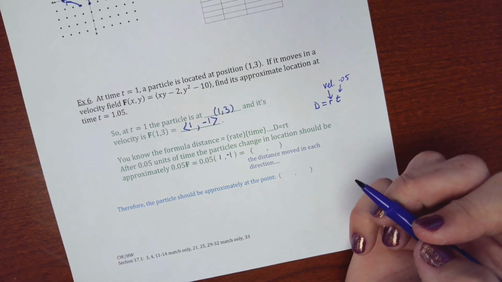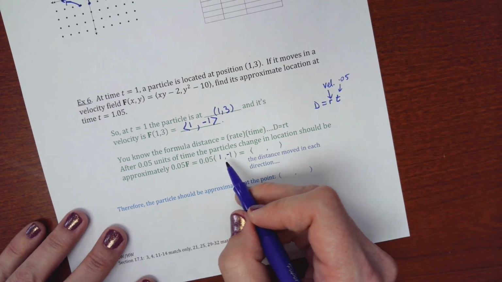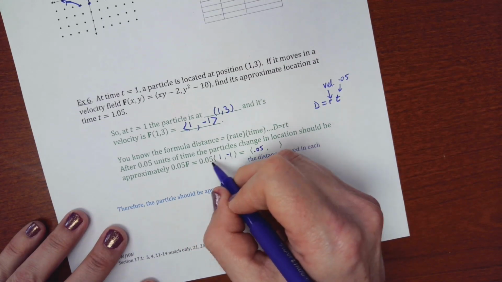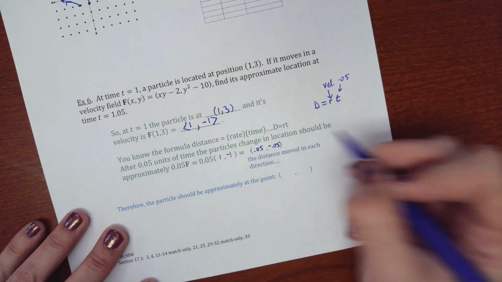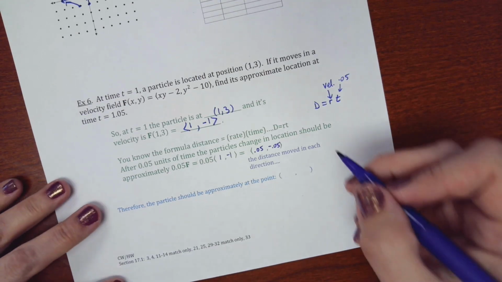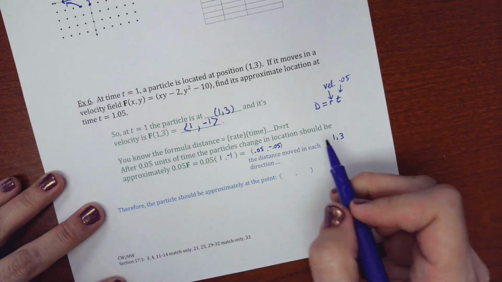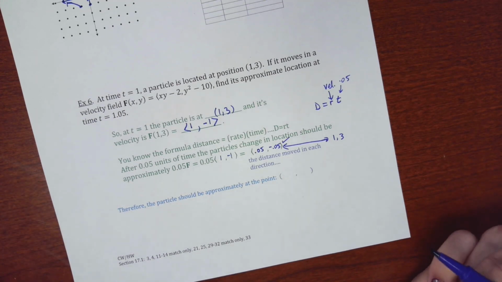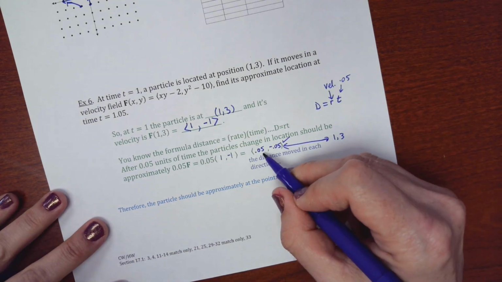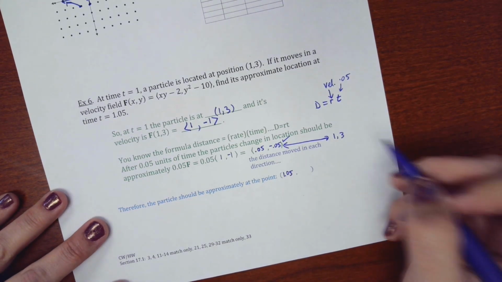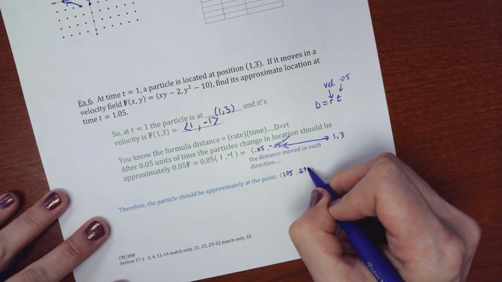So the amount that it changes in the x and y direction is 0.05 times each of these: 1 times 0.05 is 0.05, and negative 1 times that is negative 0.05. So the new approximate point would be 1 plus 0.05, so 1.05, and taking away 0.05 from 3, so 2.95.